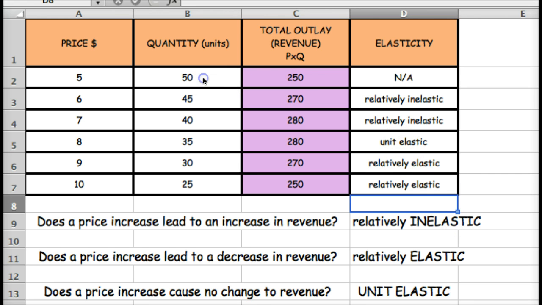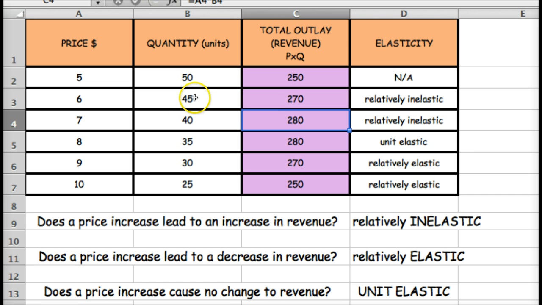So note that even though quantity has been decreasing steadily, you can't just assume that it's elastic demand because quantity is going down or quantity is contracting with the price increases. That's not necessarily what's happening, because for these couple of price changes, revenue went up.